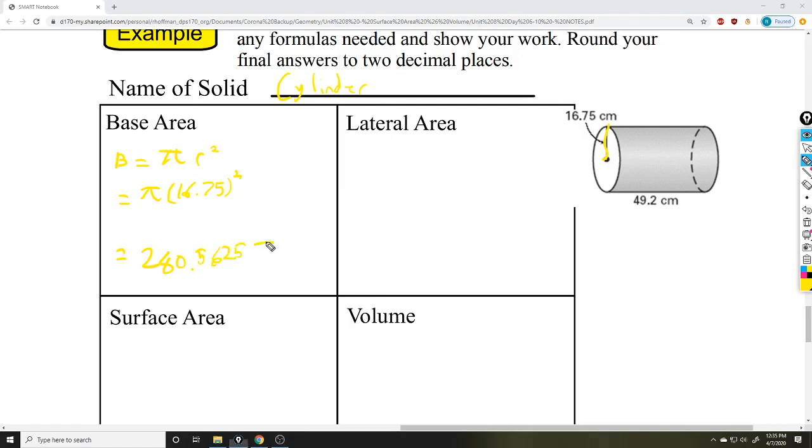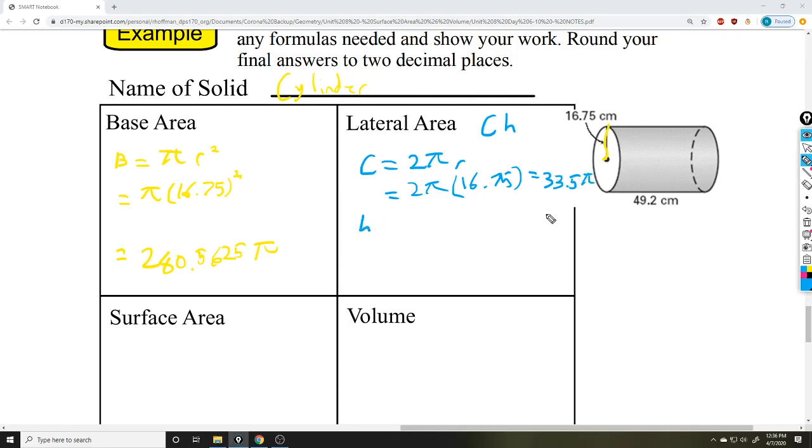And then we're going to put a pi on it. Lateral area is going to be circumference times our height. The circumference is going to be 2 pi times the radius, which is 2 pi times 16.75. That's the radius. Again, I'm going to leave this in terms of pi. 2 times 16.75 is 33.5 pi.